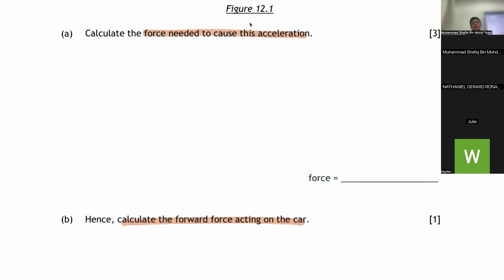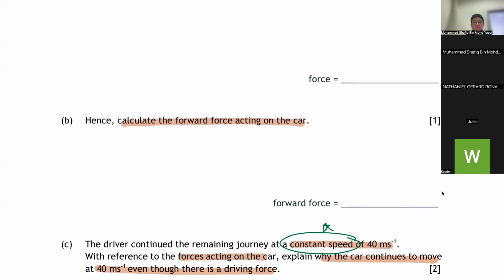Okay. Is everyone okay with the question? Some time to try.